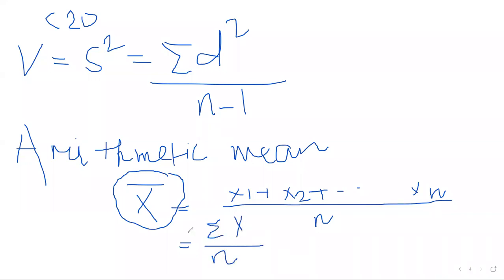In any problem, if you need to find the arithmetic mean, you will use this formula, the summation of x divided by the number of readings. I hope I have made you understand.